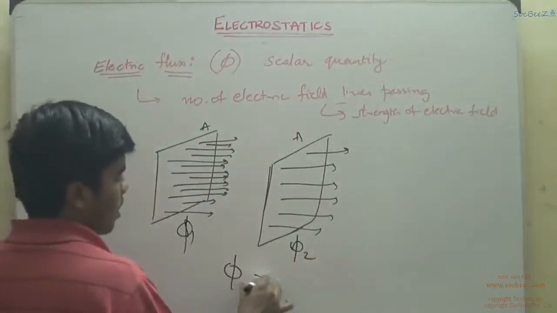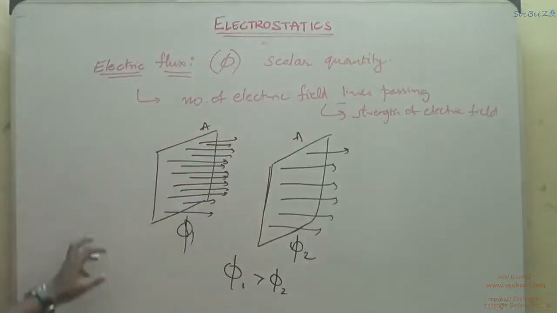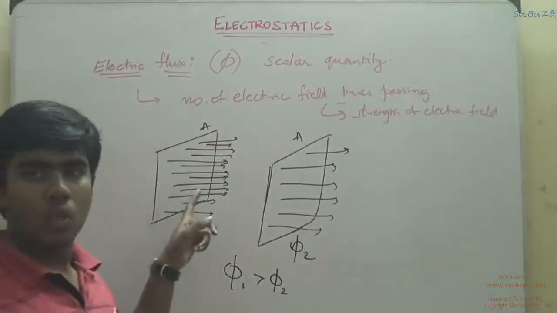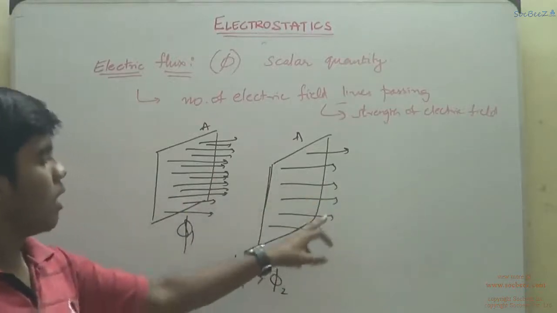We say that phi 1 is greater than phi 2. That would mean the flux passing through surface A is more than the flux passing through surface B.